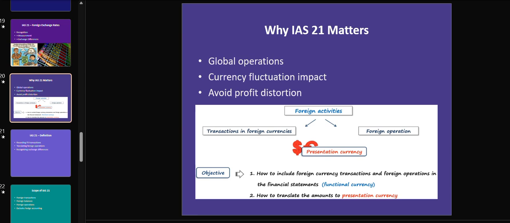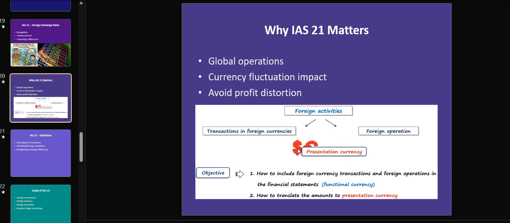Because the exchange rate changes every day, these fluctuations can make profit look too high or too low if they are not correctly recorded. IAS 21 ensures that currency movements are reflected accurately so we don't distort the true performance of the business.